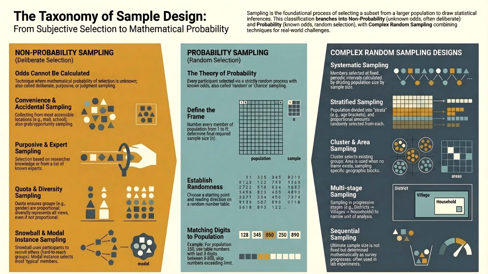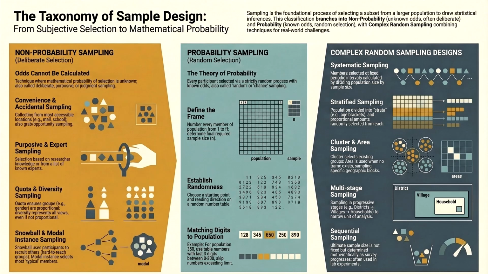Since out of 8,000 students, 60 percent were male and 40 percent were female, I maintain the same ratio in my sample size as well. So out of 100, 60 will be male, 40 will be female.